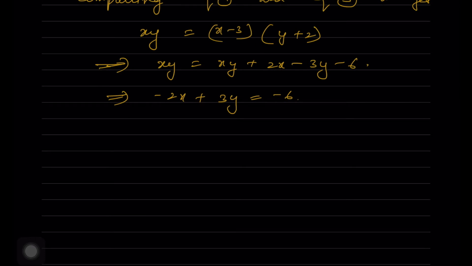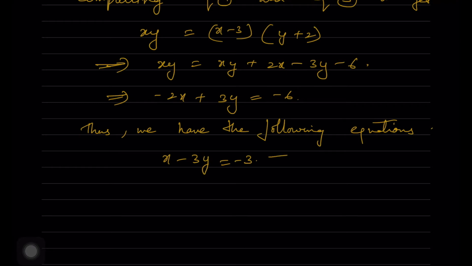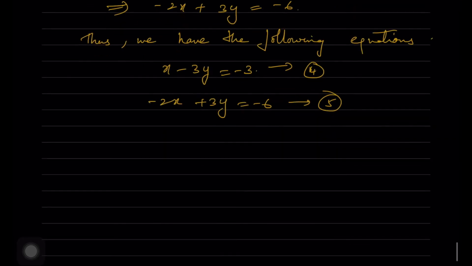So therefore now we are having two equations. From these two equations we'll solve for x and y. What are the two equations which you are having? x minus 3y is equal to minus 3, minus 2x plus 3y is equal to minus 6. Take them as equation 4 and equation 5.